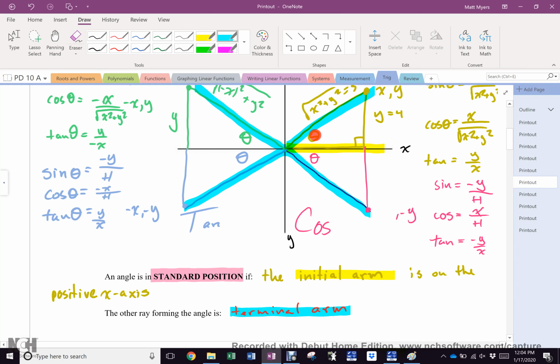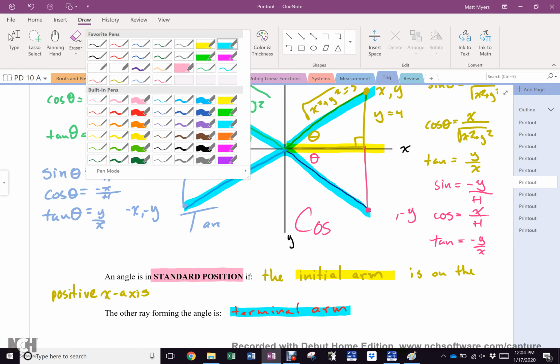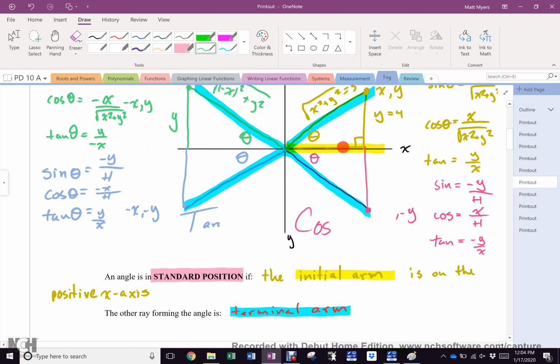And our gold theta must be between what two values? What are the two limits of gold theta in degrees? 0 and 90. Agreed? Okay. If this is the starting arm, right? This is where I start from, and this is my first angle, then logically I must go to here for my second angle, yes?